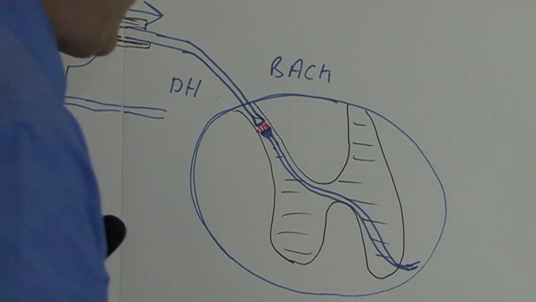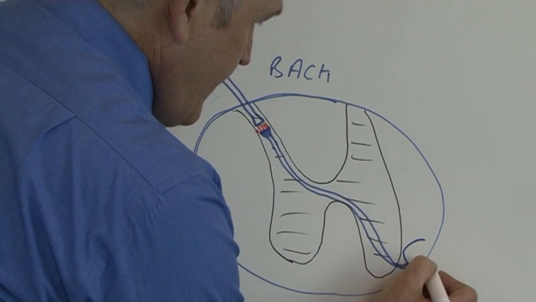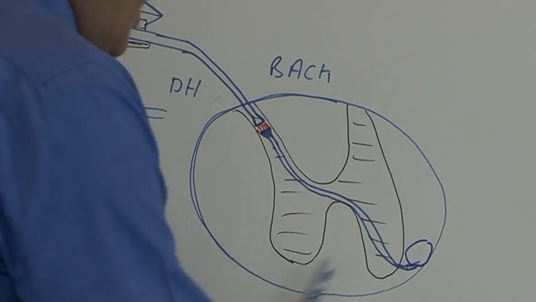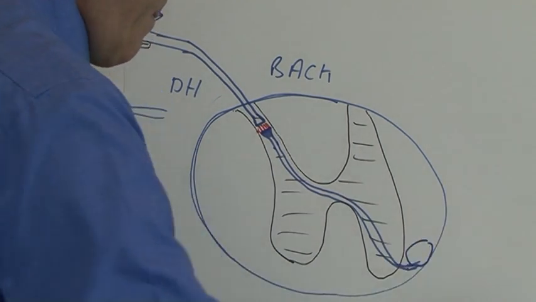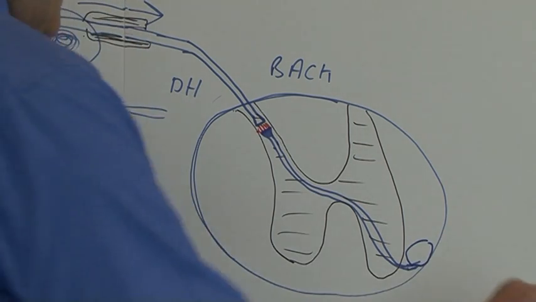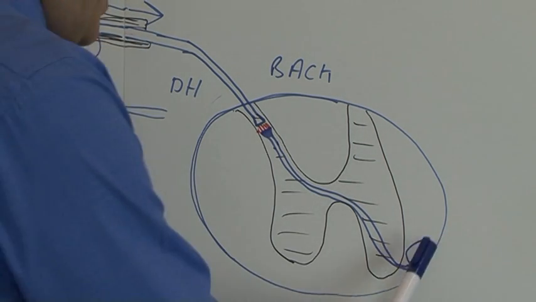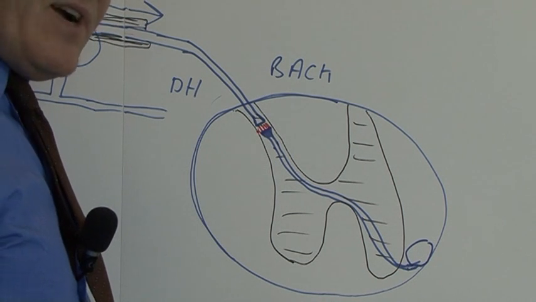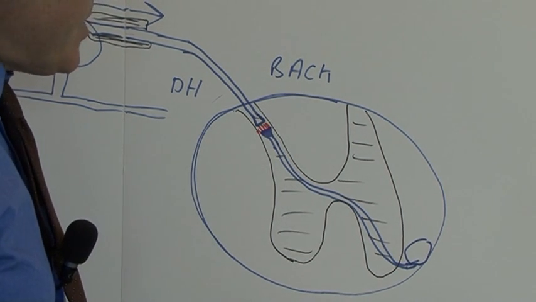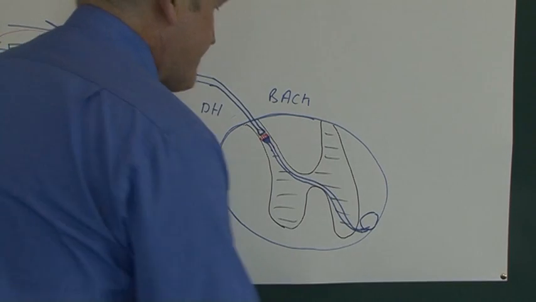So in this area of the spinal cord, and again you've got to think of this running up and down the spinal cord, there's a tract that goes from the spinal cord up to a part of the brain called the thalamus. So it's the spinothalamic tract.